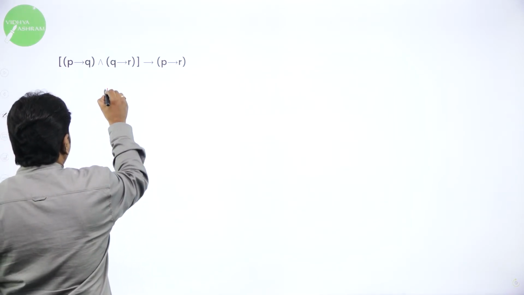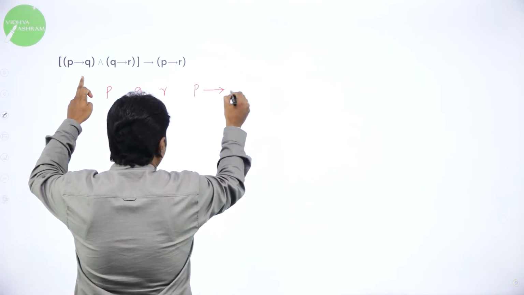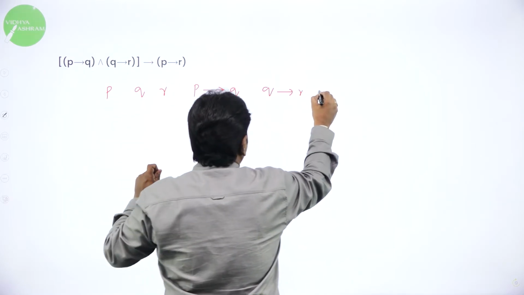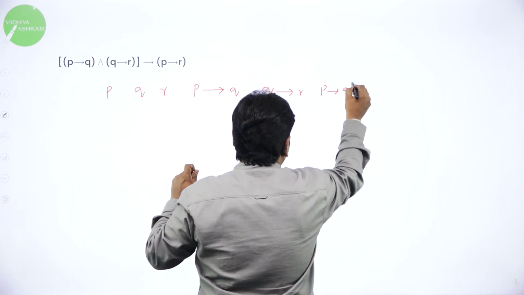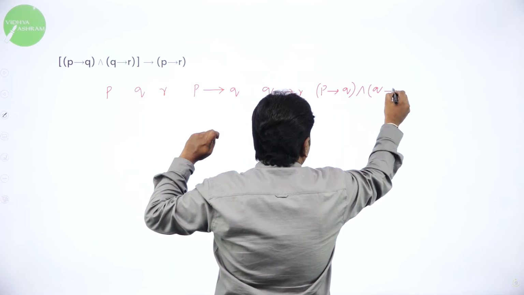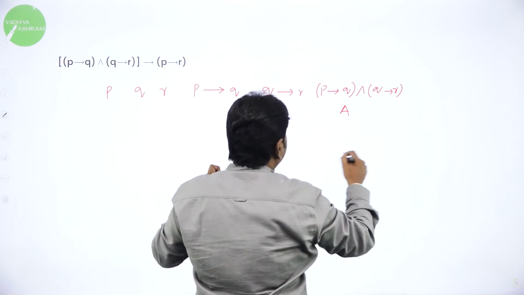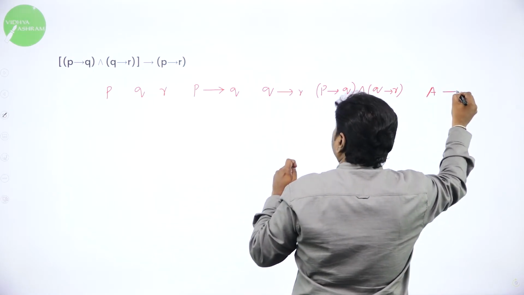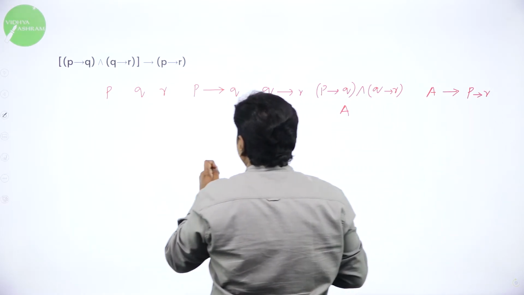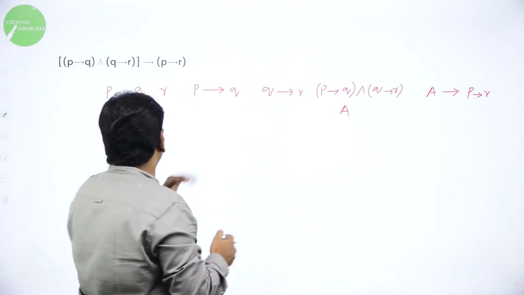First we'll take P, then Q, then you can see R is present, we'll take R. Then P implies Q, then Q implies R, then the combination of these two, P implies Q and Q implies R. You can also cut this short and call this whole thing A. Then A implies P implies R, so you need P implies R also. Like that you can split the components.